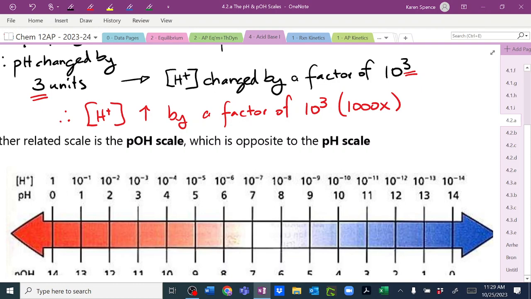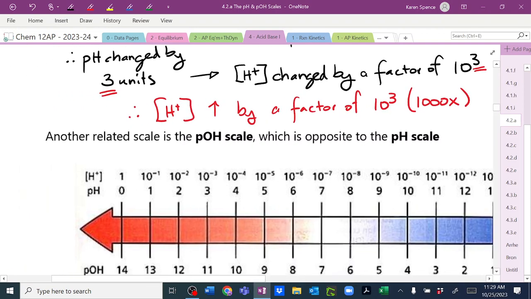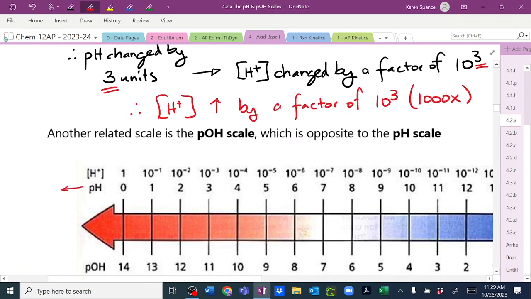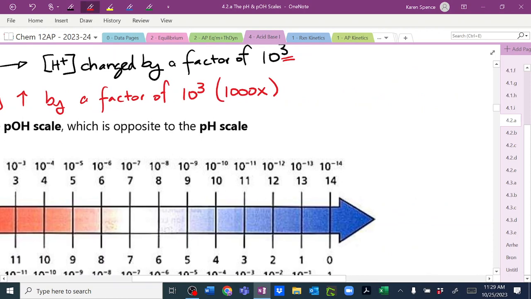You can actually go above 14, okay? So this can get lower. It can go negative. And the pH can get higher.